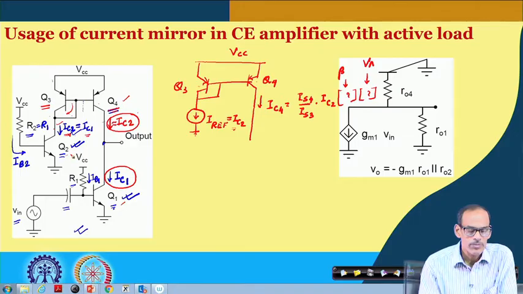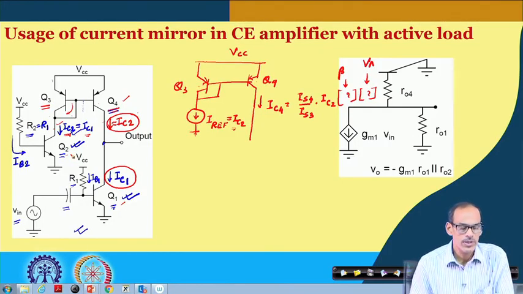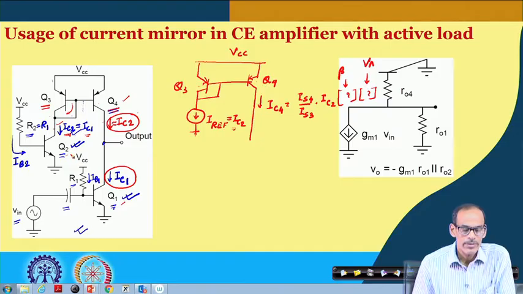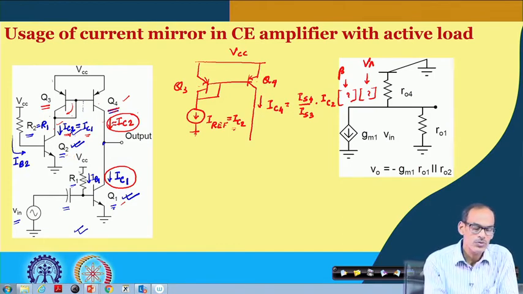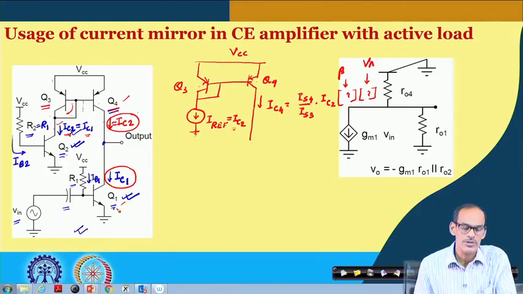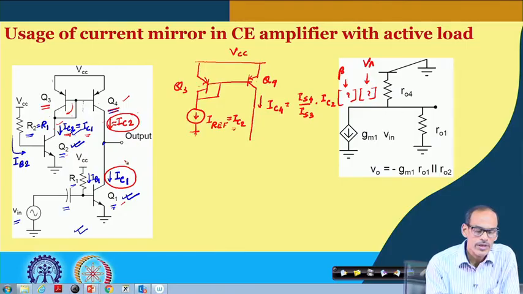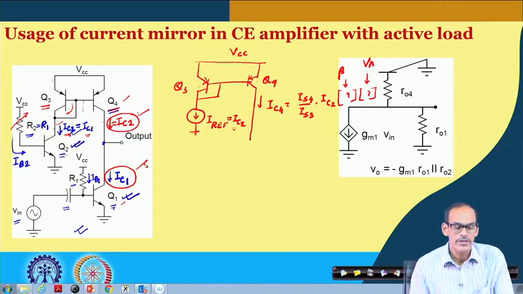In integrated circuits it is probably not so difficult to achieve that, but for discrete component based circuits there may still be an issue of getting two identical transistors. So, theoretically it is fine, but practically, if you want to make this circuit work, you may have to tune this resistor to ensure that these two currents under active region of operation are equal.